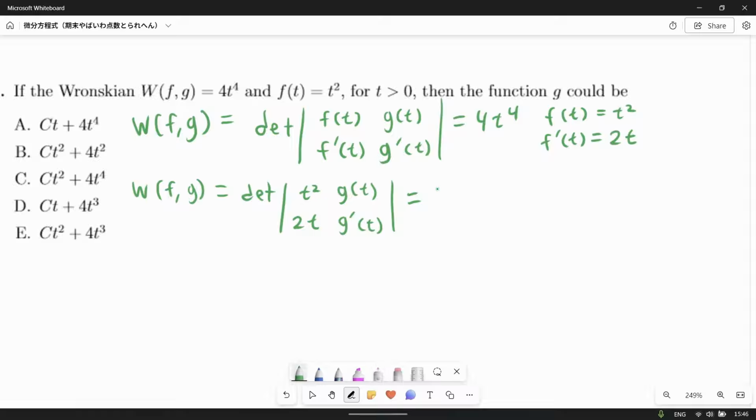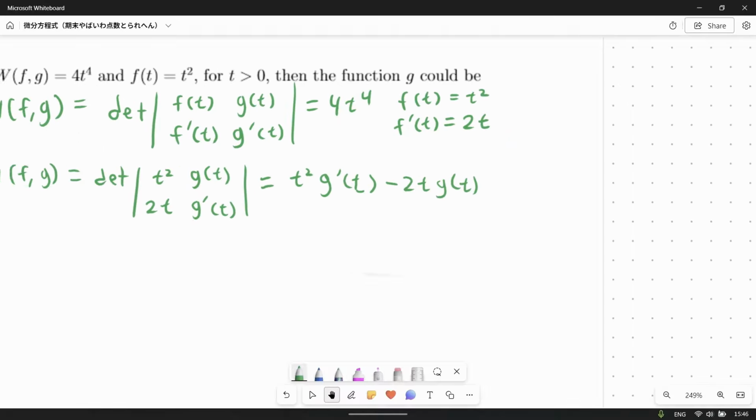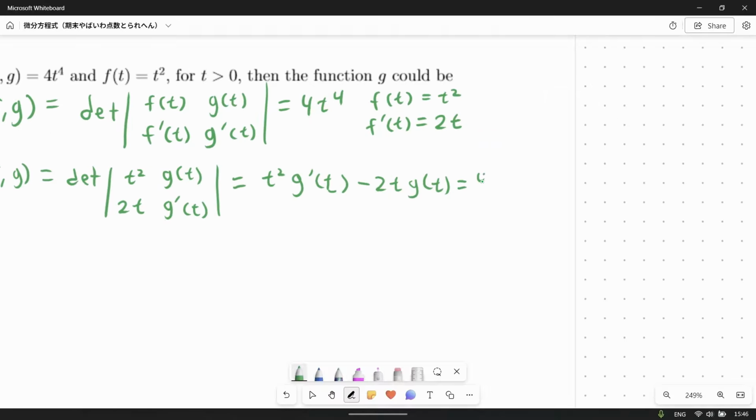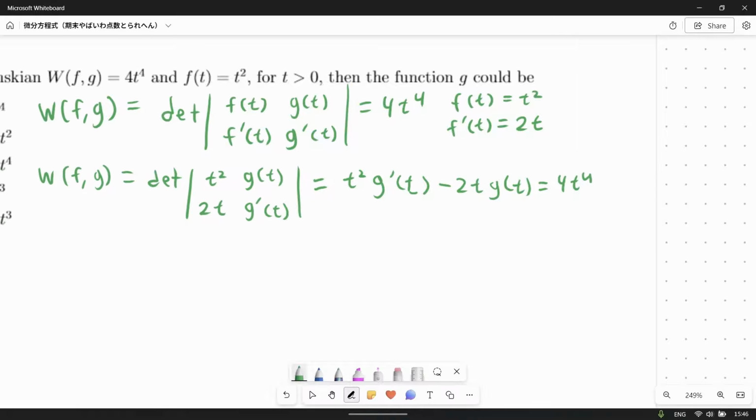So that gives us an equation of the form t squared times g prime of t minus 2t times g of t is going to be equal to 4t to the 4th, because we know that this Wronskian is equal to 4t to the 4th ultimately. We just have to find what g of t is.